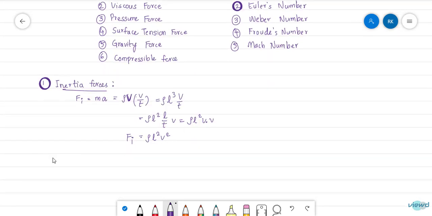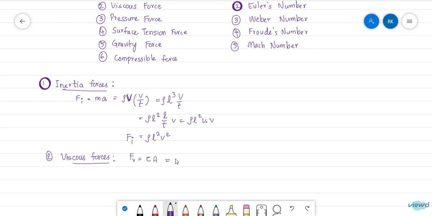What is viscous force? Due to the property viscosity, there will be a shear force caused, that is called viscous force. Viscous force is equal to shear stress into area.